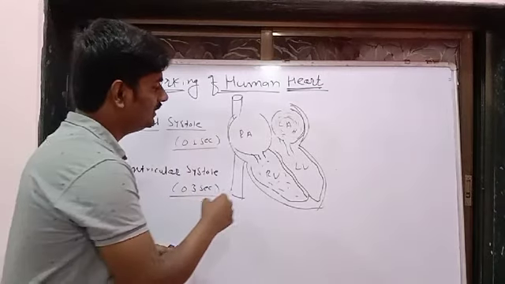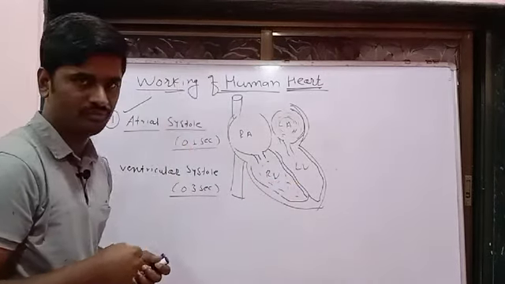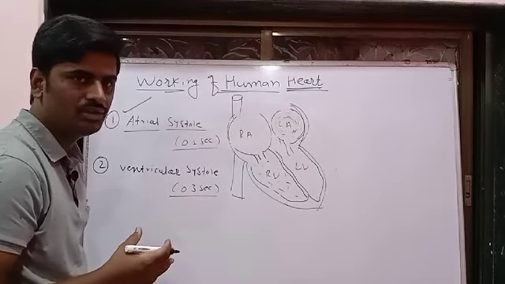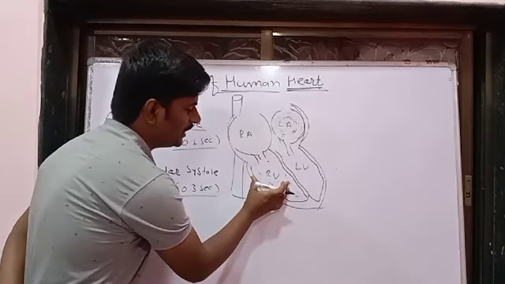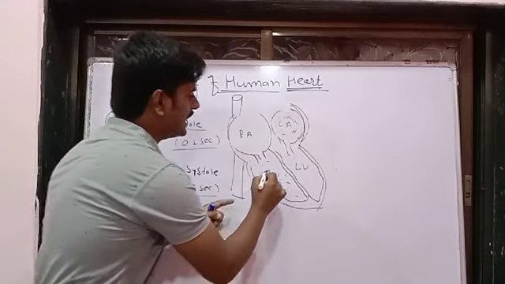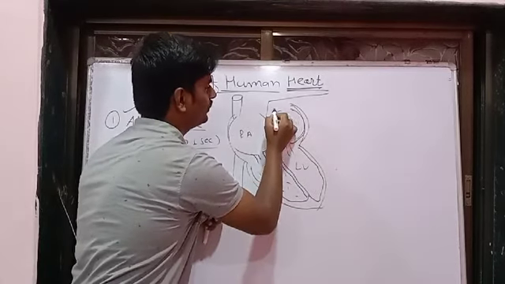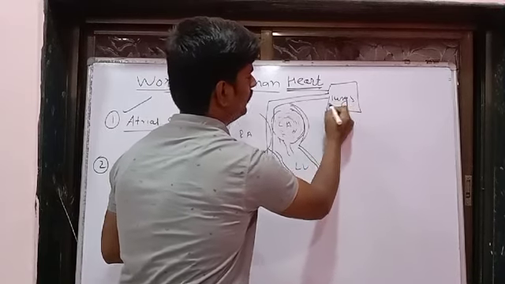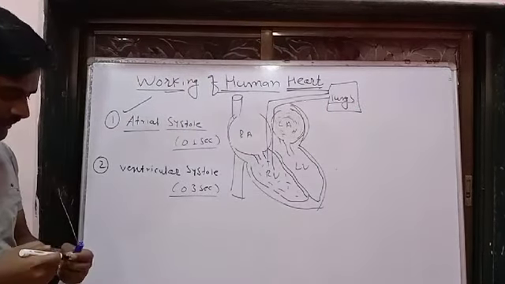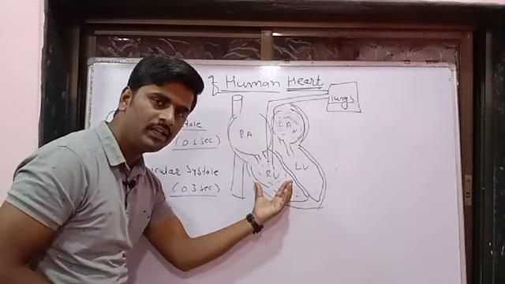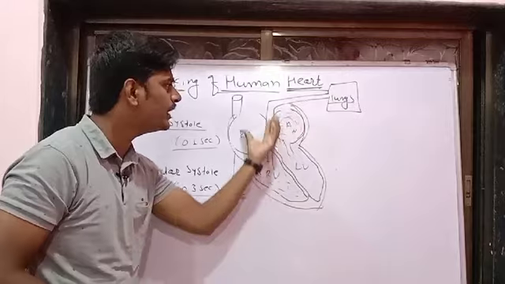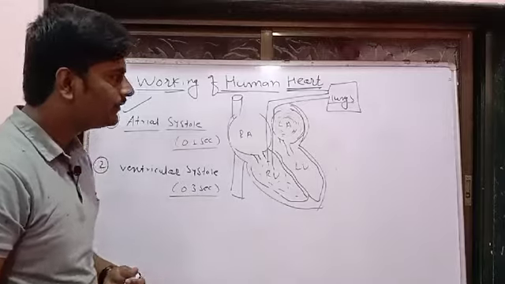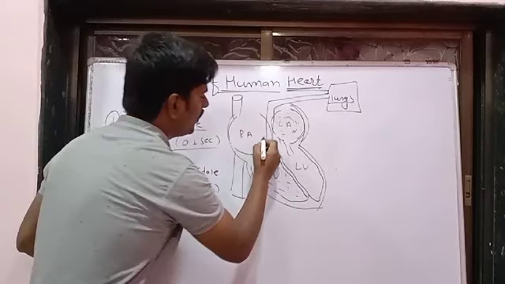When the ventricle undergoes contraction, whatever deoxygenated blood is present in the right ventricle is transferred towards the lungs through the pulmonary artery, and here the backflow is prevented by the semilunar valves.